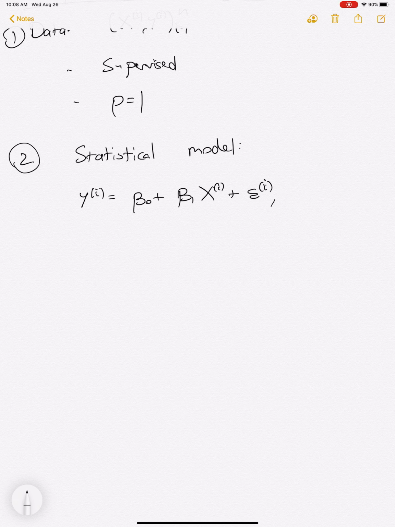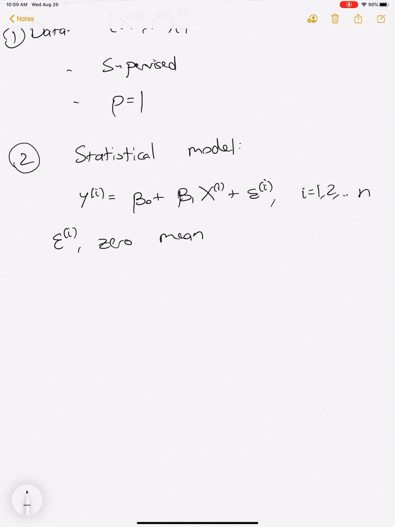But like in all statistical models, we need to assume some kind of uncertainty. Otherwise, it's just a mathematical model rather than a statistical model. As always, we need to make some assumptions on this. So epsilon i, for i equals 1 up to n, is zero mean.